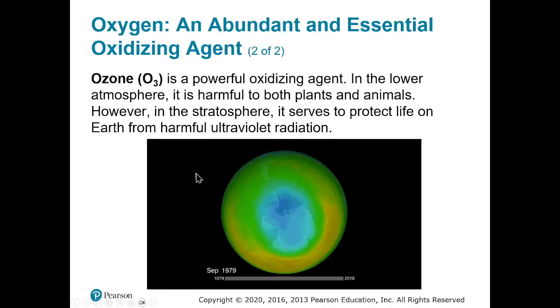What you would have seen is that after 1979, this is what's referred to as the ozone hole. What happened is that we released chemicals, largely CFCs, that depleted the ozone layer and created a larger and larger ozone hole.